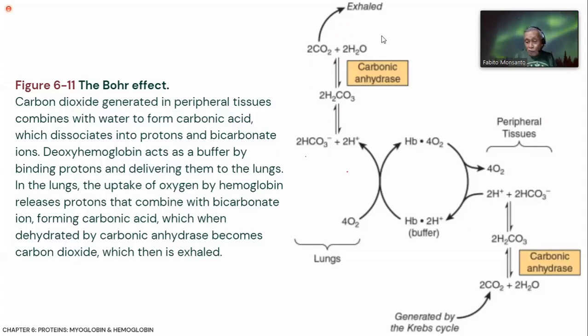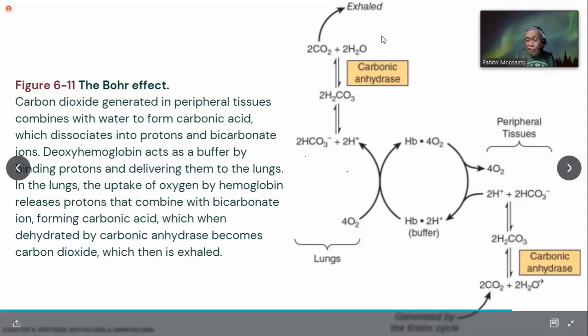Okay, producing carbon dioxide, and carbon dioxide reacts with water through carbonic anhydrase. It becomes carbonic acid, and then this dissociates into protons and bicarbonate. So carbonic acid becomes bicarbonate and protons.